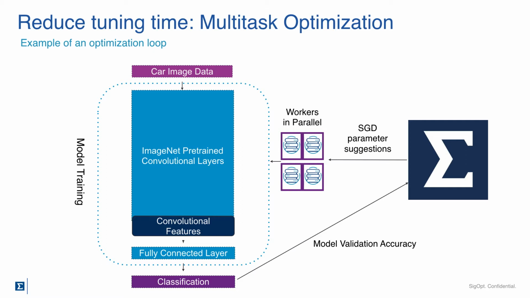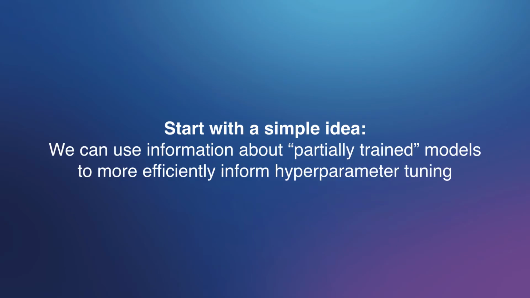So now that we understand what hyperparameter optimization is going to look like, we want to understand what multitask optimization is. And to understand multitask optimization, you really want to start with the simple idea that we can use information from partially trained models to inform our tuning of fully trained models.